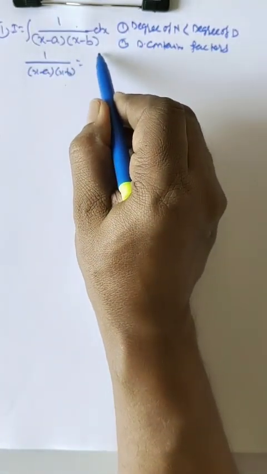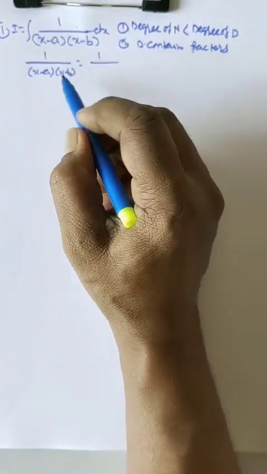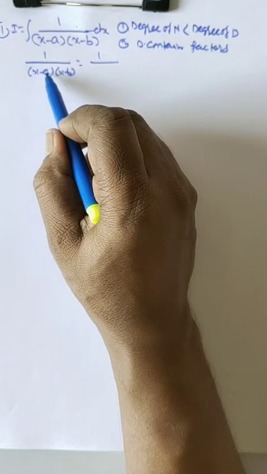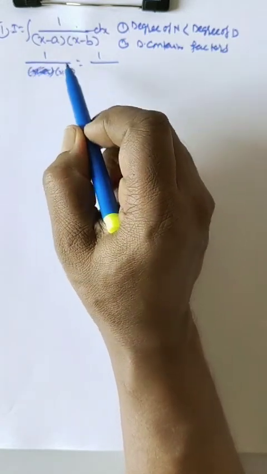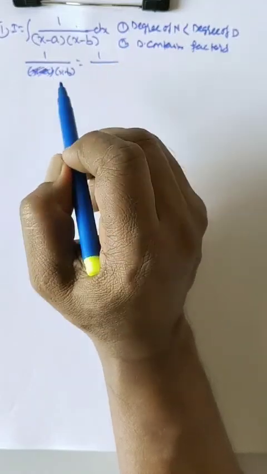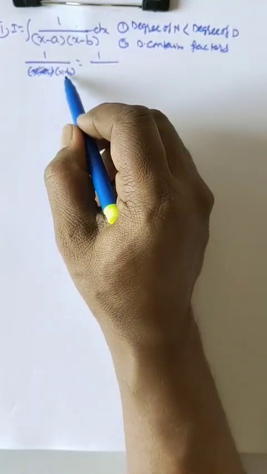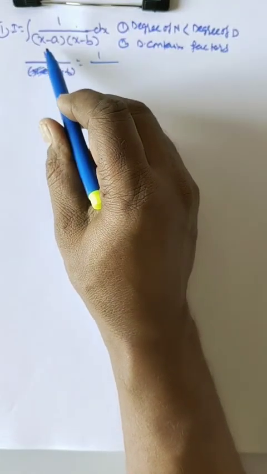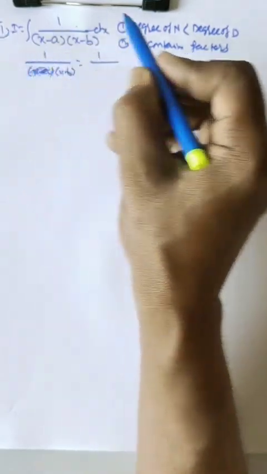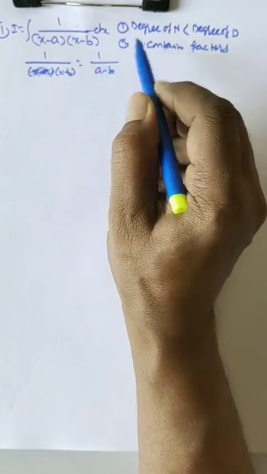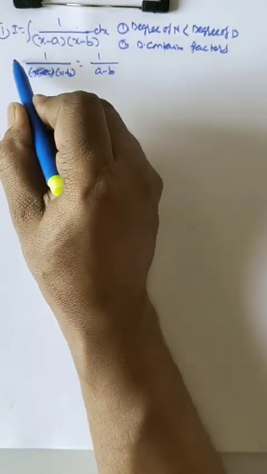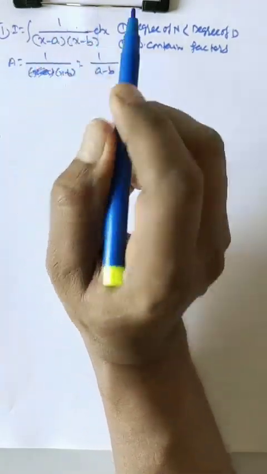Then a minus a is 0. Neglect this term, delete this term. Now the remaining term is x minus b. Put x equal to a, so x minus b becomes a minus b. This is the value of a.